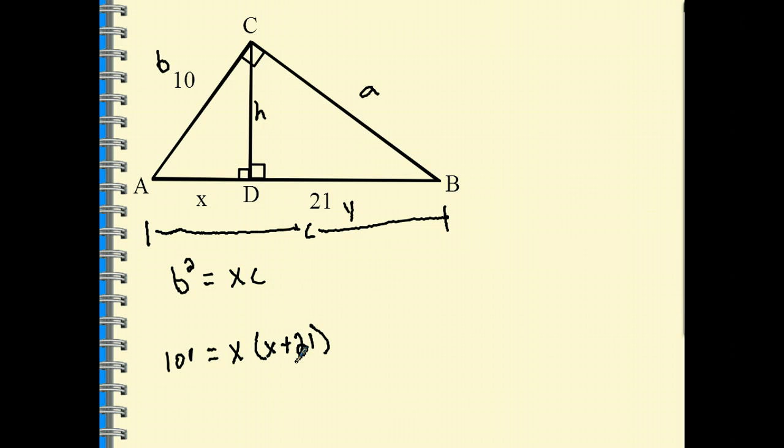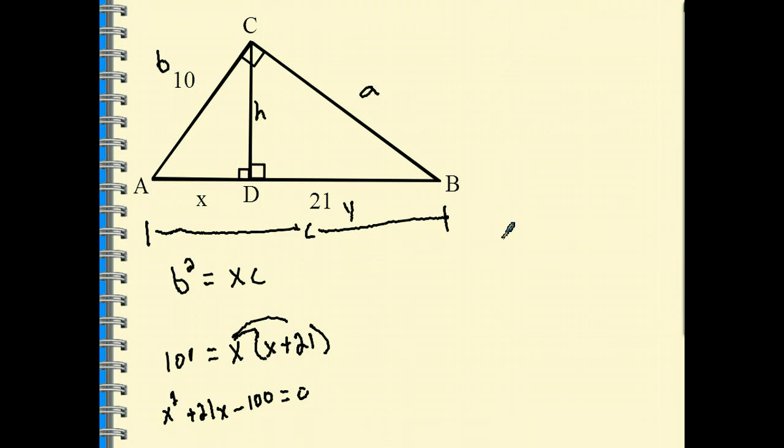Well, at this point, our geometry is done, and it just becomes an algebra problem. In order to solve this, it's a quadratic, so we have to distribute, and we get x squared plus 21x minus 100 equals 0. Many different methods we can use to solve it.